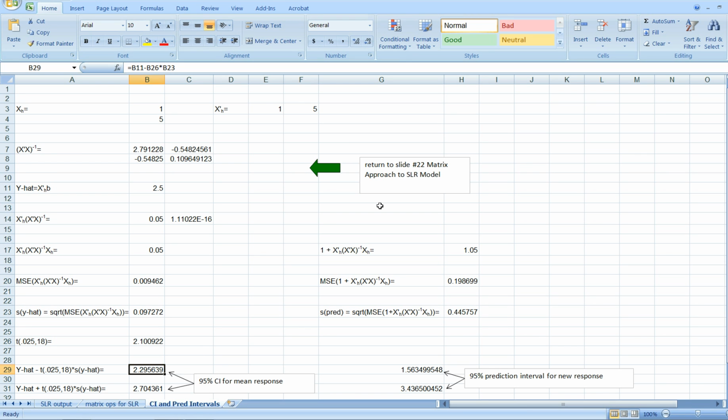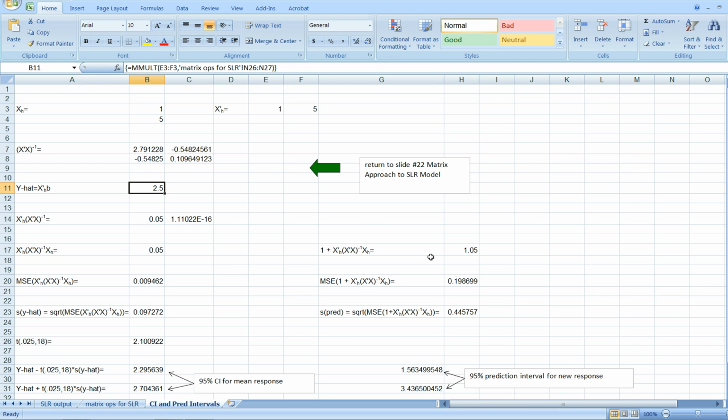Now, what about if Len Kelly comes in and he scores a 5 on the admissions test? What can we predict that his grade point average at the end of his freshman year is going to be? Well, it's the same point estimate. We plug the value 5 for my exam score in, and I get a 2.5 GPA. But now, because we're trying to estimate my particular grade point average, we know that has to be more difficult than predicting the mean GPA of everyone who scored a 5 on the admissions exam.